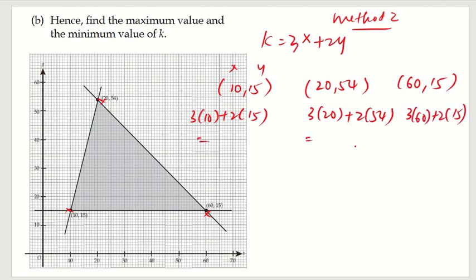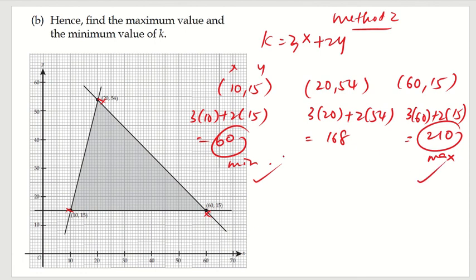Okay, so you get your values, then you compare lah. The first one 60, second one 168, and the third one 210. So this is the maximum and this is the minimum. So from here you get the maximum value is 210, then the minimum is 60.